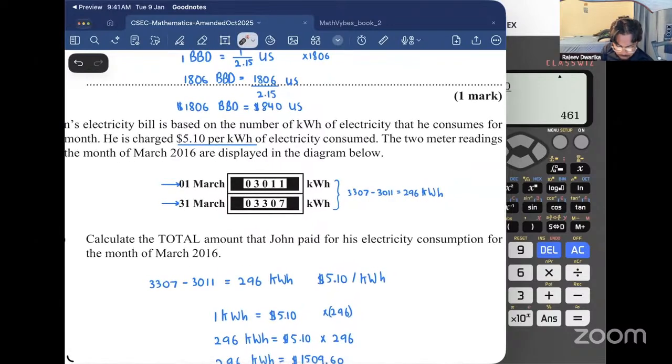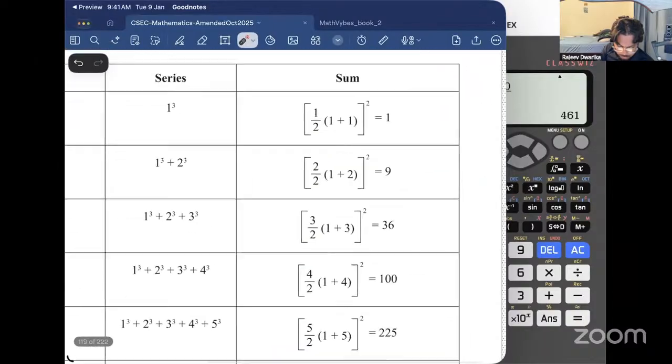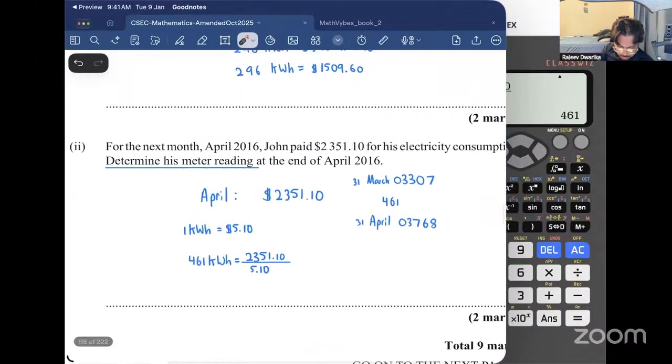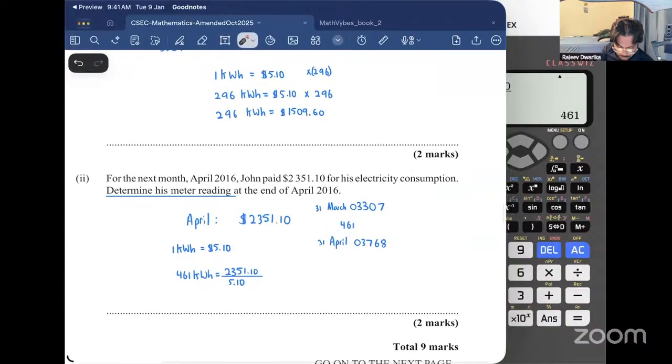And the second question, they ask you about the month itself, April. So if you find how much energy you use in April, you'll have to add it to the previous reading on the meter.